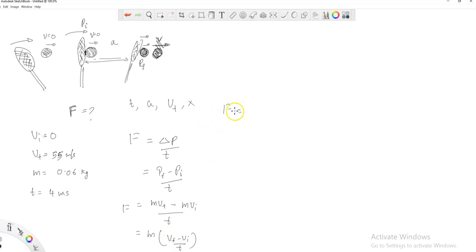So force equals 0.06 times 55 minus 0 over 4 milliseconds, which is 0.004. Alright, let's see what the force is. You guys are going to need the calculator.